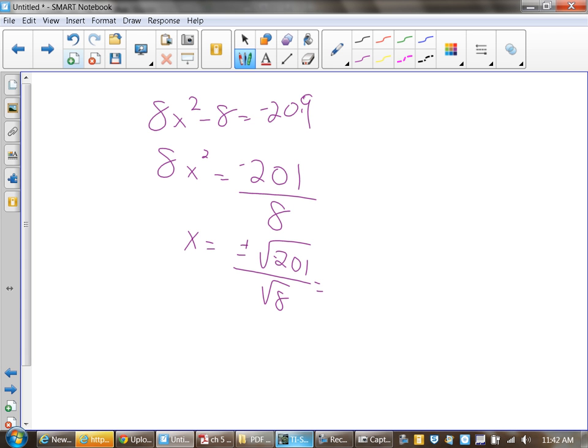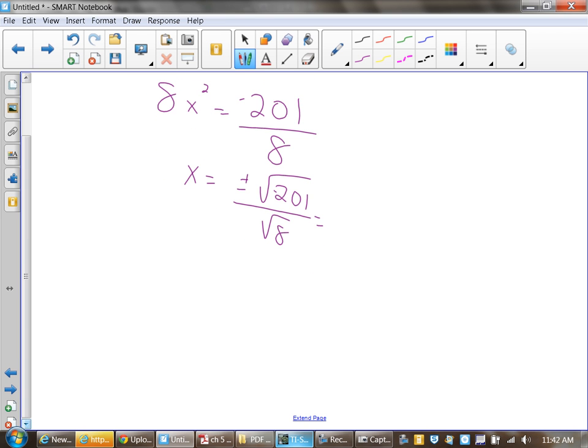I know I can divide it by 3. Does it give me a perfect square in there? Can I divide it by 9? Well, what I'm doing here is that I know that the square root of 8 is going to be 2 root 2. I know that I have a negative 201, so I know I'm going to have a plus or minus i in here somewhere. But what I want to do is try to figure out if I can have a perfect square in 201.